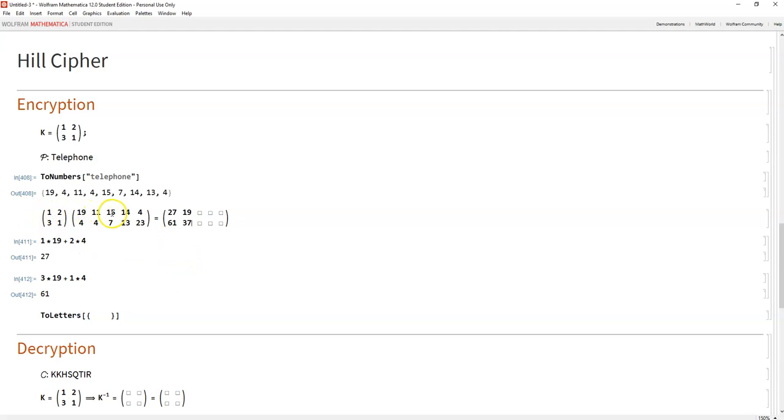And then 15 plus 14, that will be 29. And then 3 times 15 is 45, plus 7, and that's 52. All right, I'm just going to fill in the rest, which I've worked out off screen.